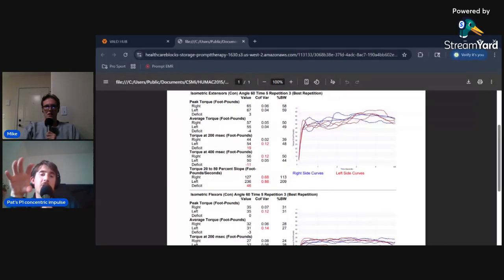I know what we're looking at right now is the force trace curve from the isometric test, but I just want to mention that I did jump testing first.